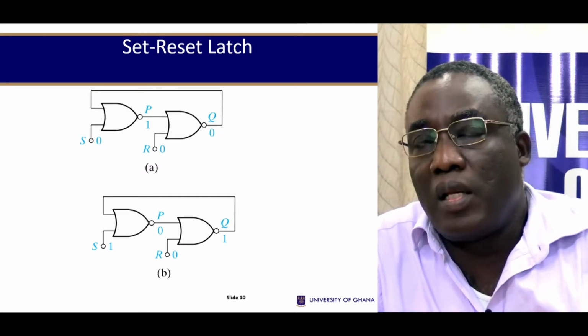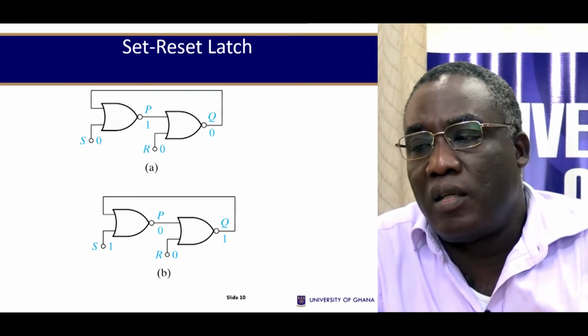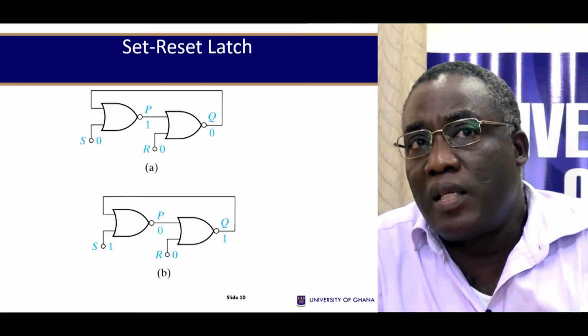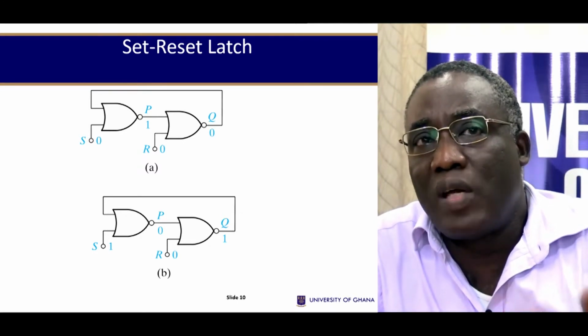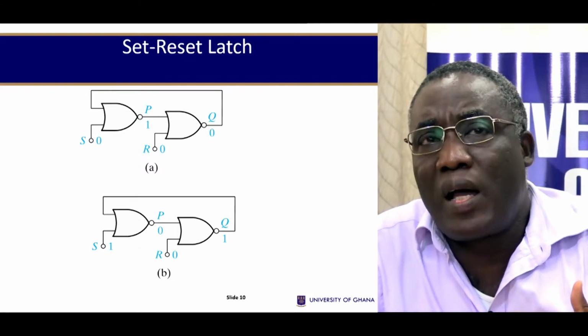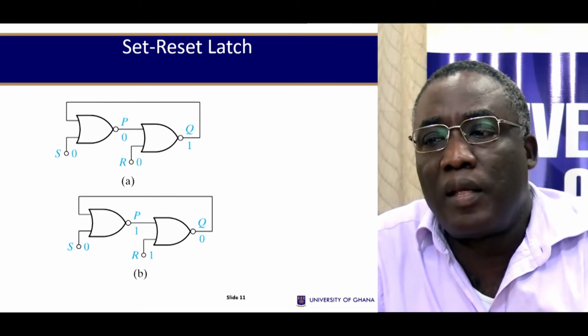For the second circuit we didn't know what, because now this is 0, that is 0. Then this becomes 1, this goes back here, and then we really don't know where we are. So we have an unstable condition. This informs us as to how the set and reset latch should be working.